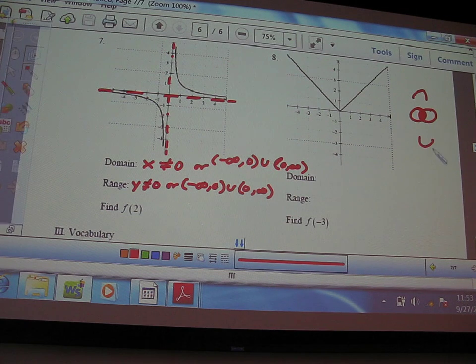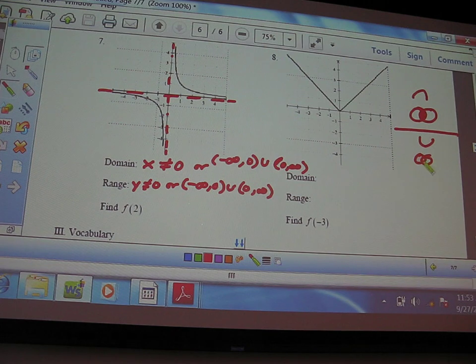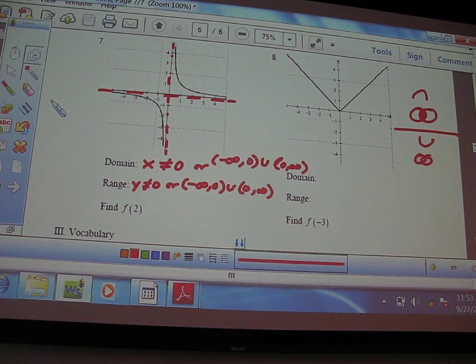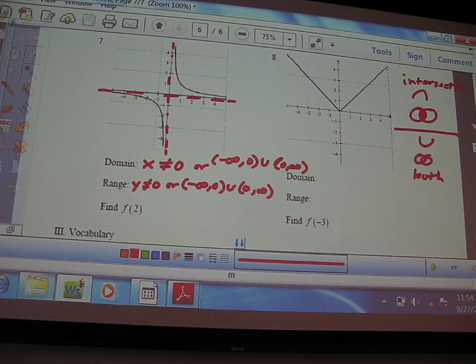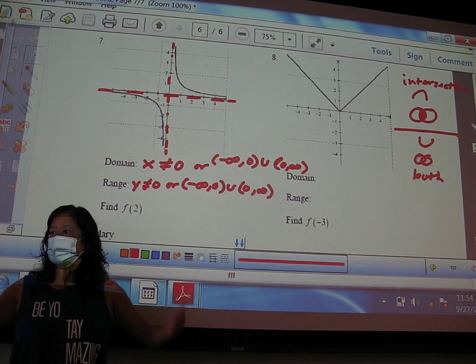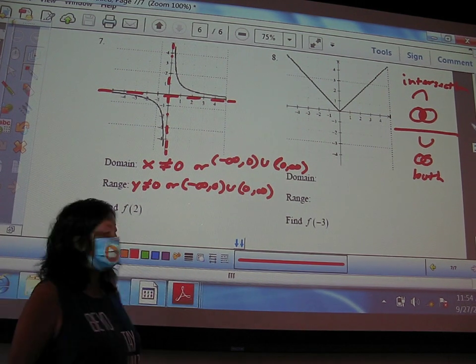We're saying it's the union, so it's all of it. It's both of them. This means both, and this is the intersection. Does that make sense? Okay. And we don't want the intersection of those two things. We want both of them, the union of them, this or this one.